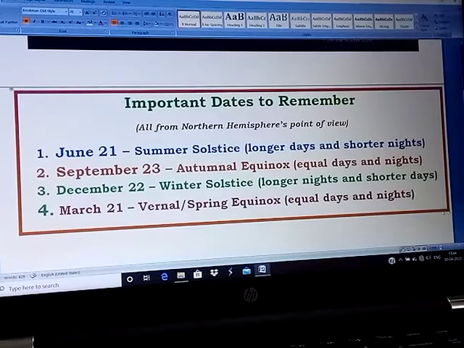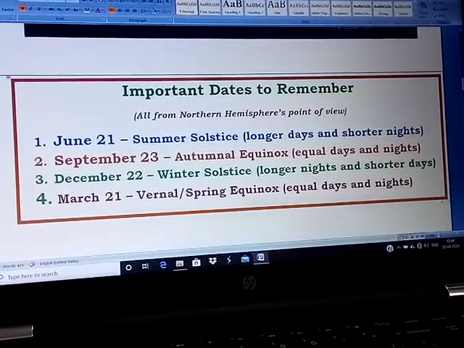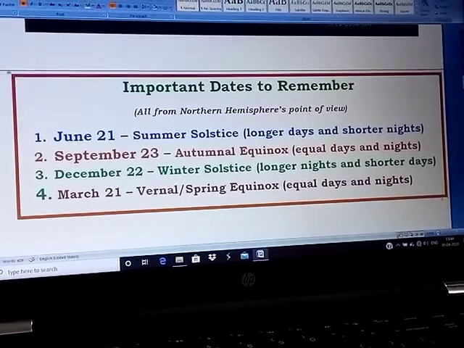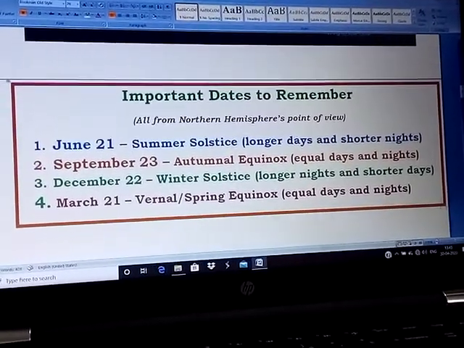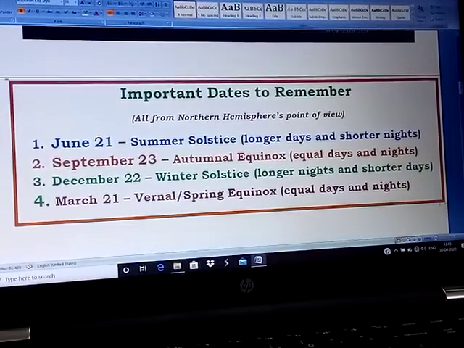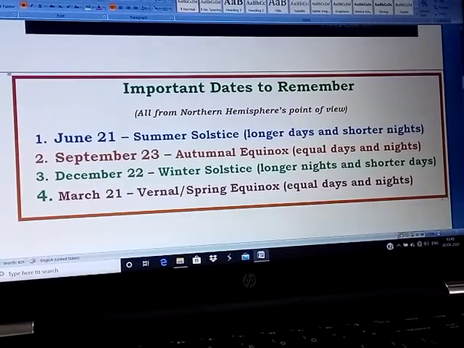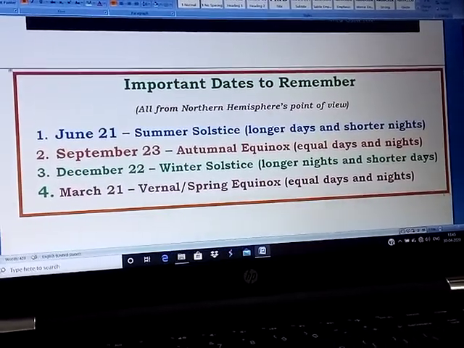December 22nd is the winter solstice, again in the northern hemisphere. That day will have longer nights and shorter days.